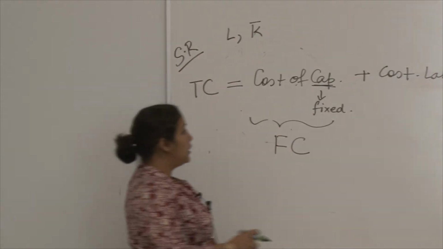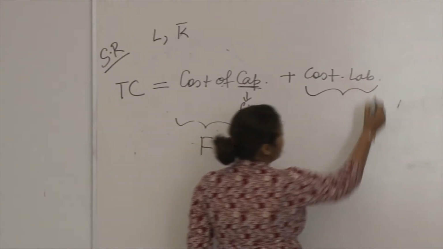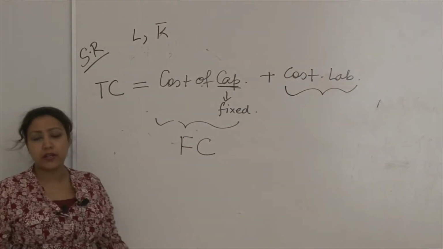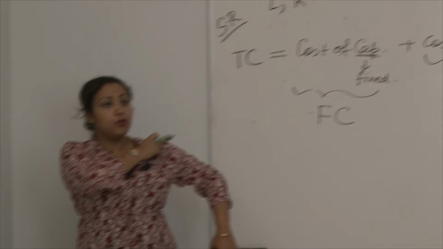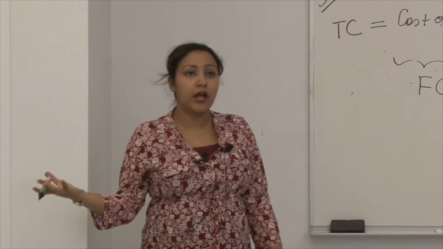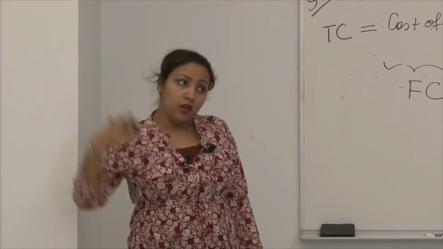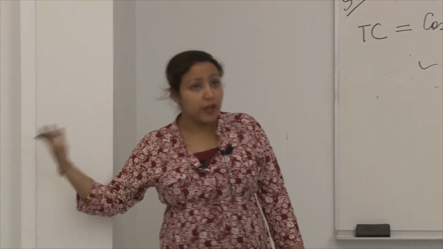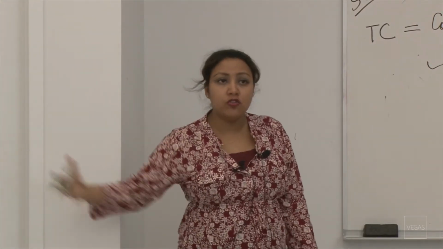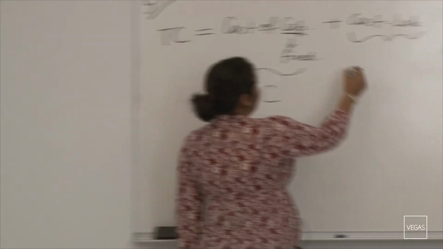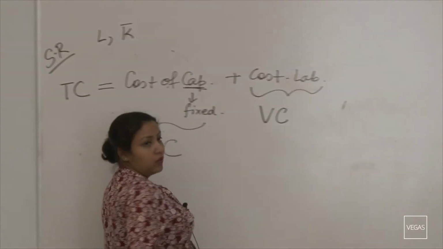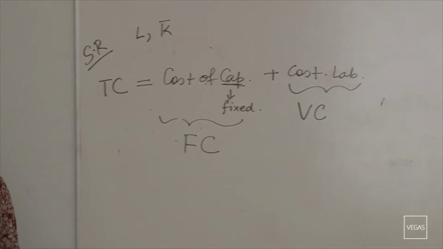Okay? Similarly, this can change because today I can hire 2 workers, tomorrow I can hire 3 workers. Today I have to pay the wages to 2 people, tomorrow I will have to pay the wages to 3 people. Day after I may have to pay wages to 5 people. So that cost can change over time. So that cost is called the variable cost. Okay.